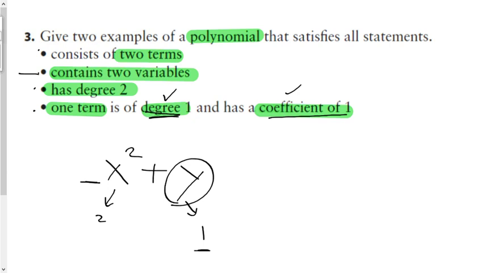Another one you could use would be, let's go with this. Is that a monomial? Yes. What's the degree of xy? Carter, what's the degree of xy?